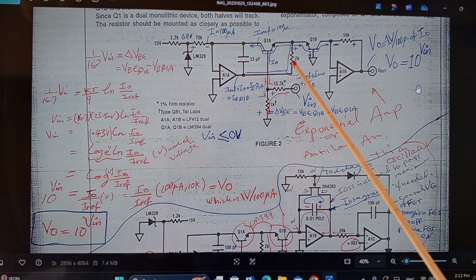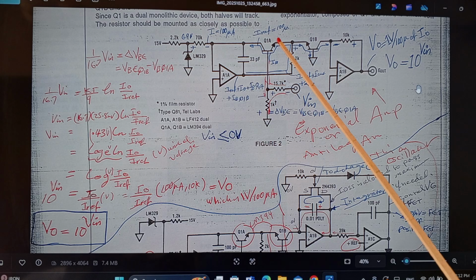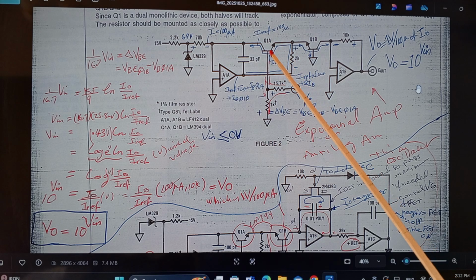And that 100 microamps flowing through Q1A will set a VBE that corresponds to the 0.1 milliamp. So you've got our VBE that corresponds to the 100 microamps.